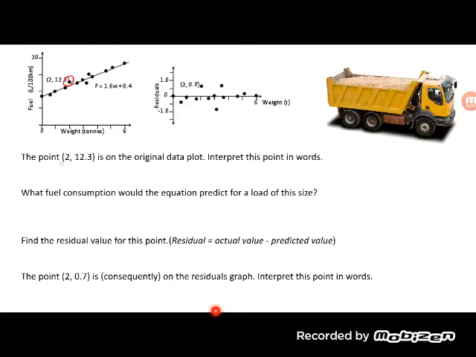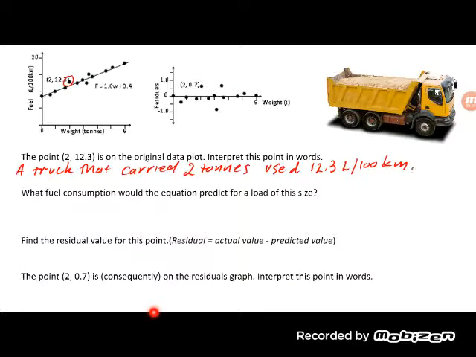So a truck that was carrying 2 tonnes used 12.3 litres per 100 kilometres. So that's what that simply means.